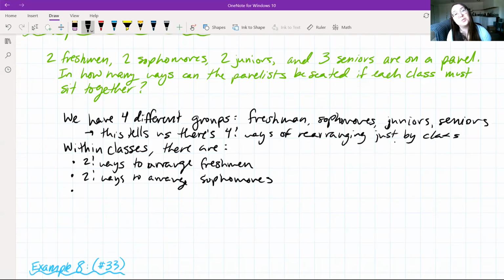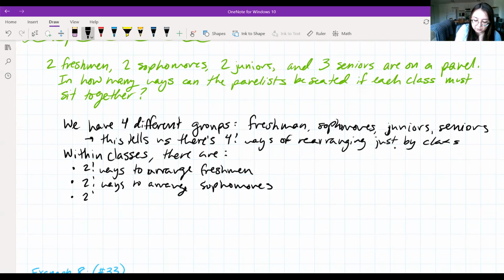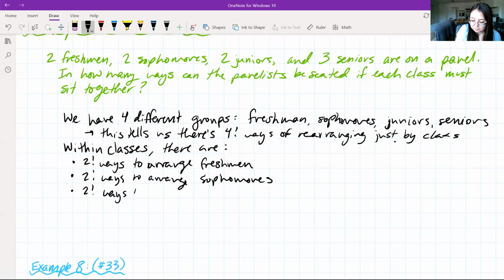There's also 2 juniors, so there's still going to be 2 factorial ways to arrange juniors. And there's 3 seniors, which means there's 3 factorial ways to arrange seniors.